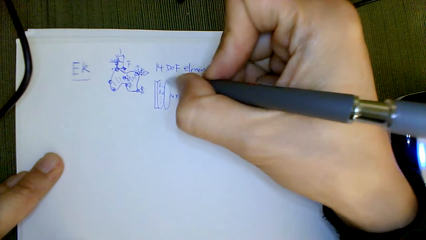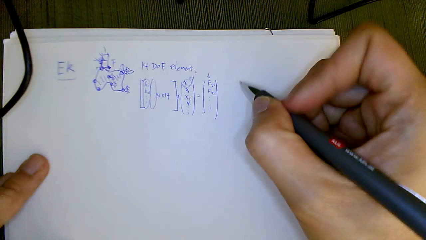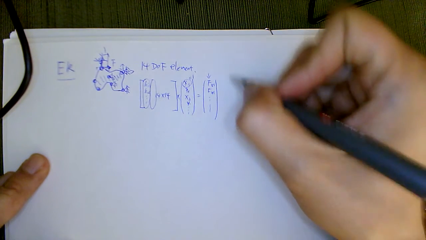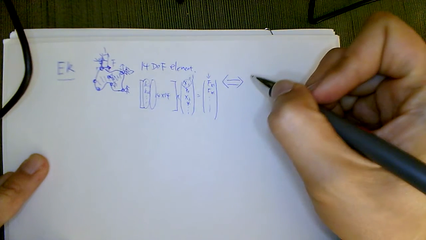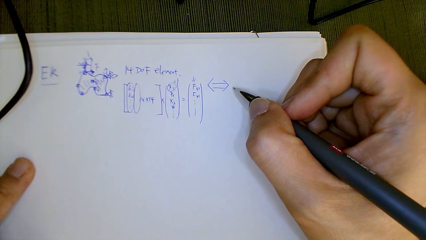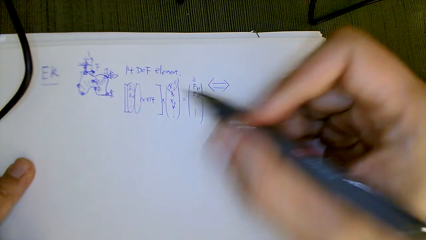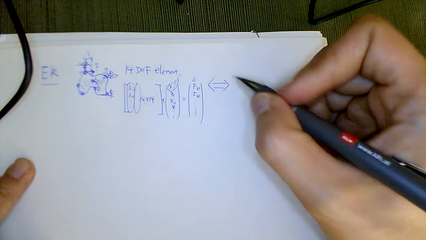Then you get the second column, the third column, and so on. So basically the problem of trying to find the EK becomes the problem of solving a system, in this case an element in equilibrium.